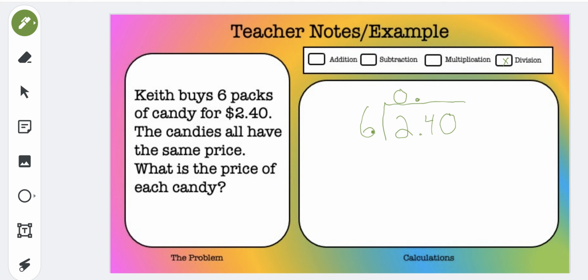And now the question is, can 6 go into 24? And it does exactly 4 times, right? So 6 times 4 is 24. And there's 0 remainder. I'm going to bring down this 0. And 6 can't go into 0, so it's going to be 0 times up here. And that's it, right? So our answer is 40 cents per pack of candy.